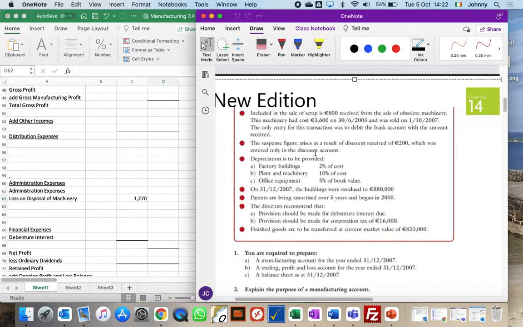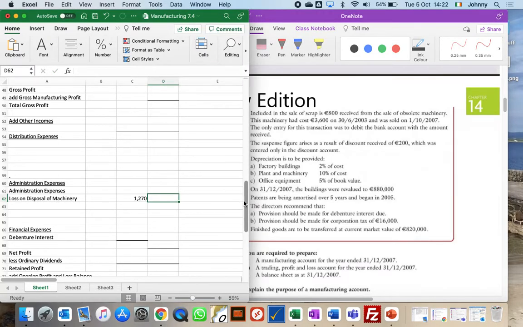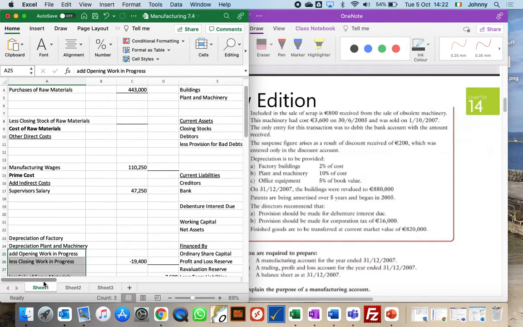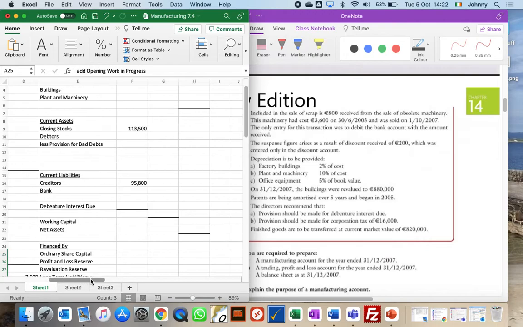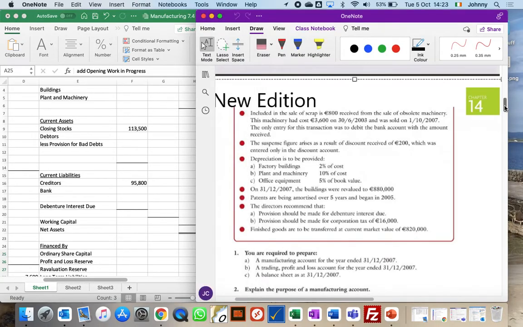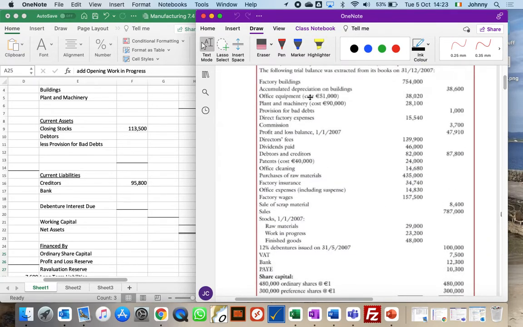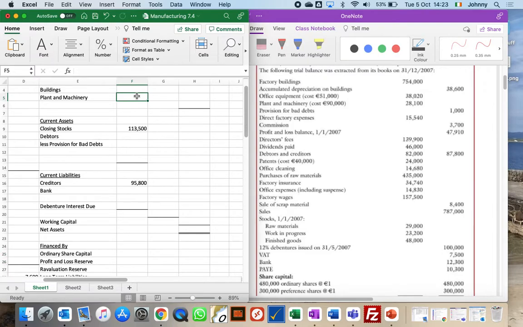Now, the next thing I need to do is go to my fixed assets. So plant and machinery, I need to adjust those figures accordingly. I'll get the starting figures I have up here. So plant and machinery cost 90 and the net book value now is 28,100. So I'm just going to put those in there now. Cost 90 grand.